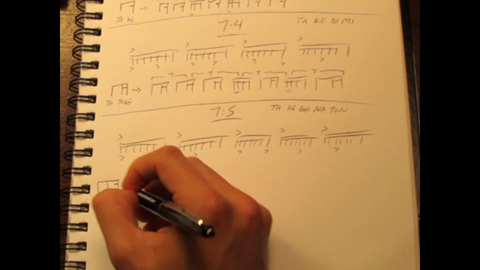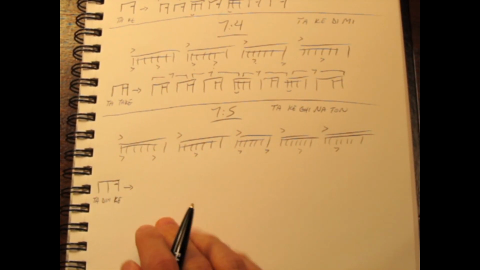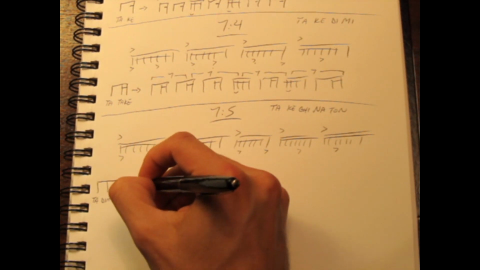Now, if we want to, we're going to do the same thing. We're going to notate 7 groups of 5. It's going to look like this.